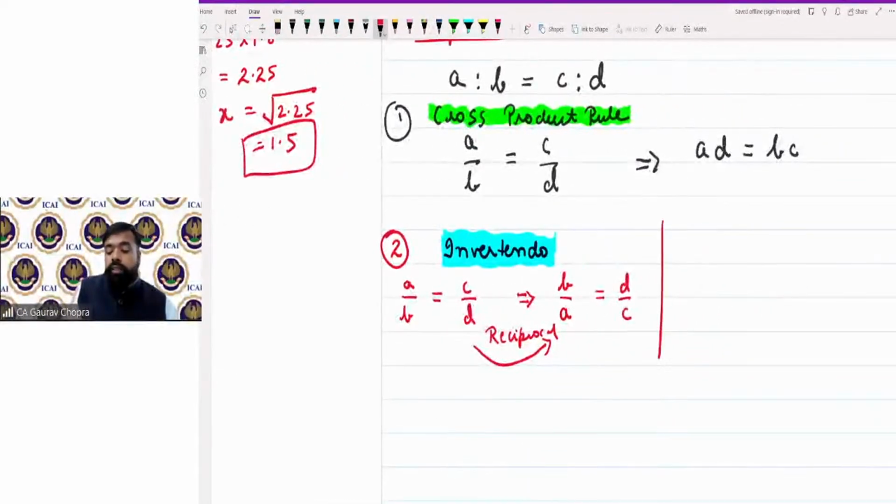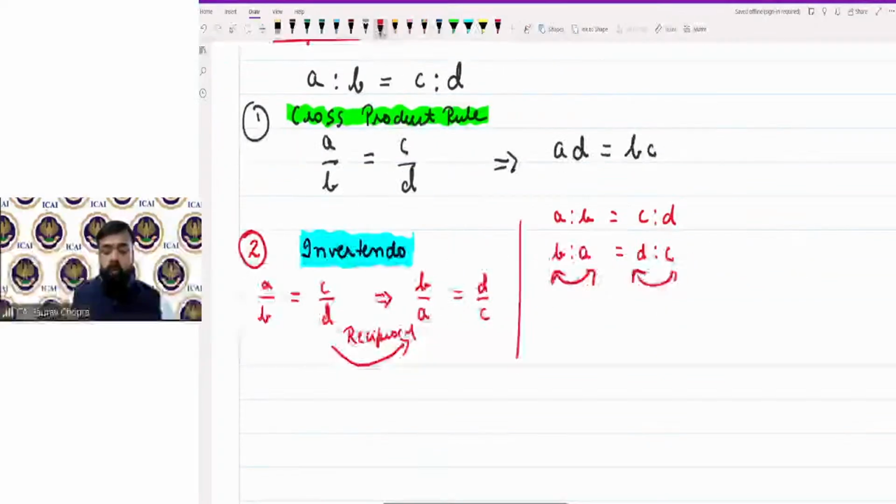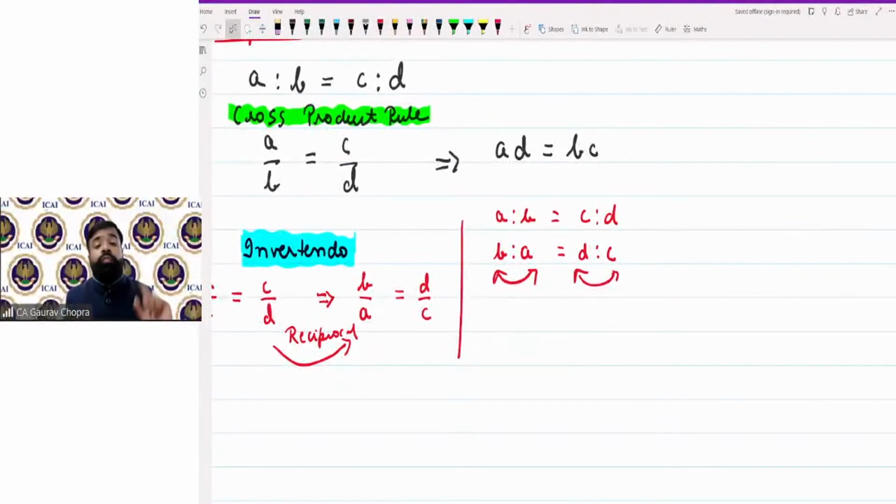Or you can just say that A ratio B is written as B ratio A, and C ratio D is written as D ratio C. So we have just interchanged the position of A and B as well as C and D. So this is known as invertendo. Whether they are in proportion or not, yes, they will be in proportion.